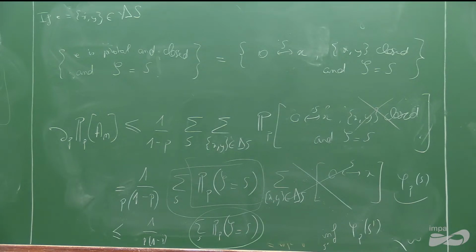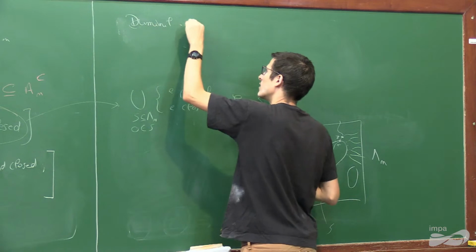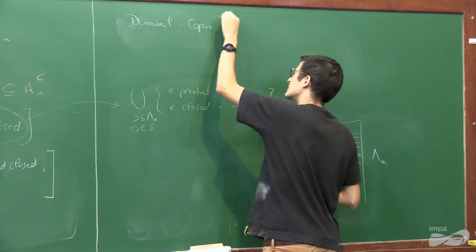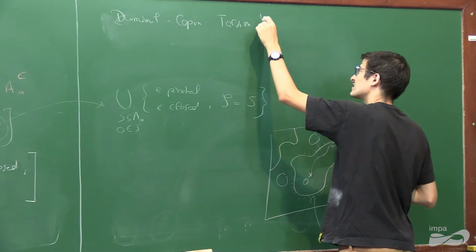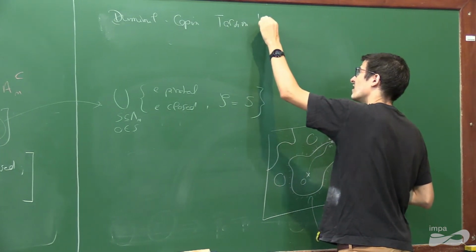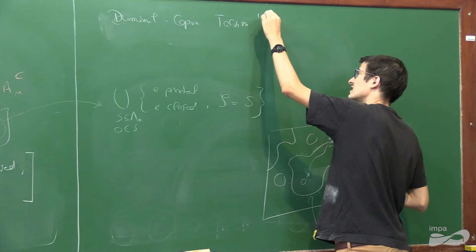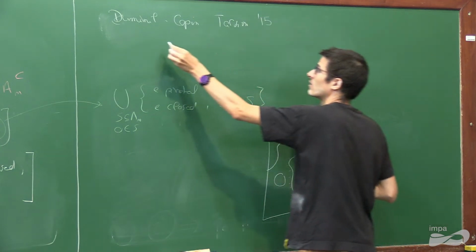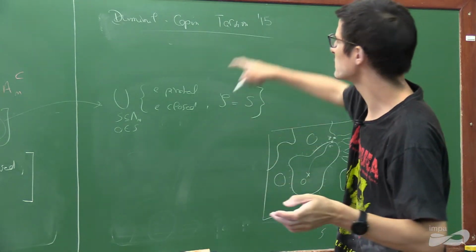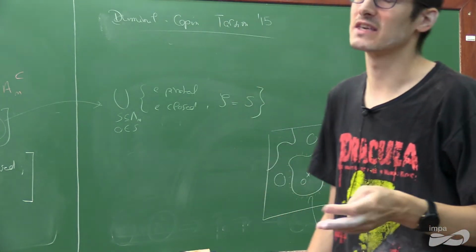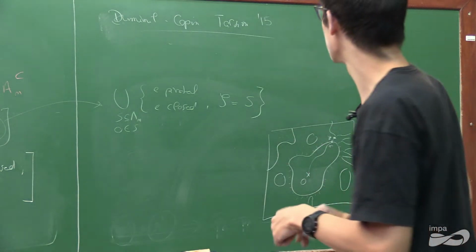The original is a paper of Vanneuville, Copin and Tassion, I think 2015 or 16. If you put these two names and you look at exponential decay, then you will get the paper.